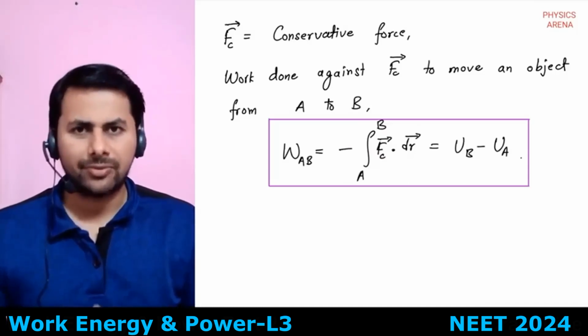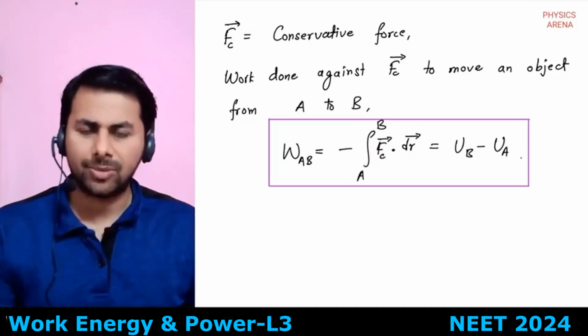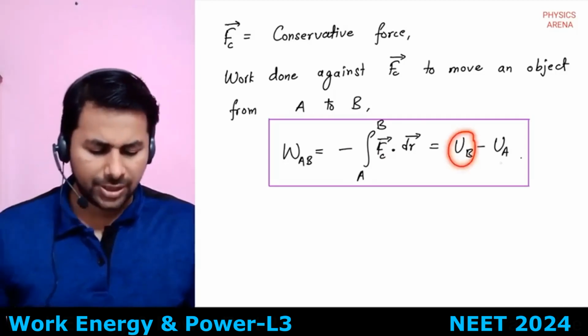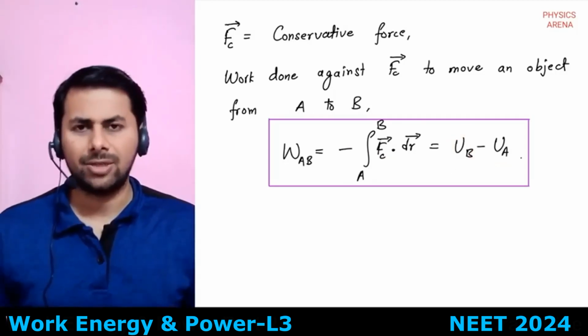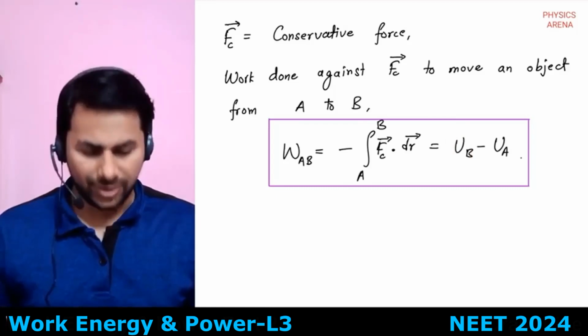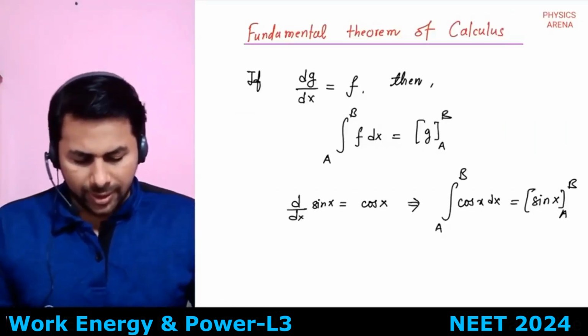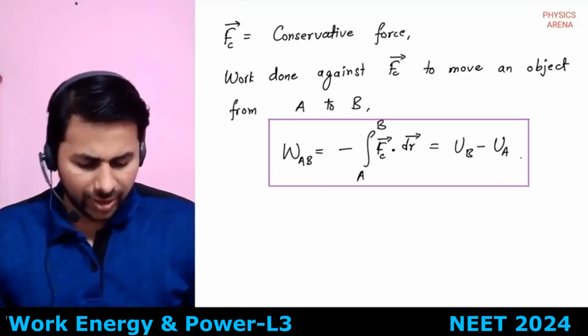Work done against the conservative force increases the potential energy of the system, so it is just the final potential energy minus the initial potential energy. Okay, right?